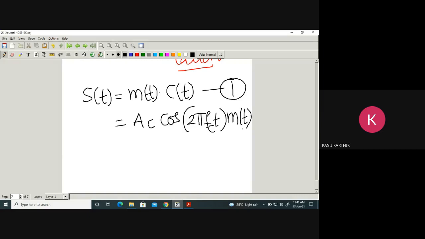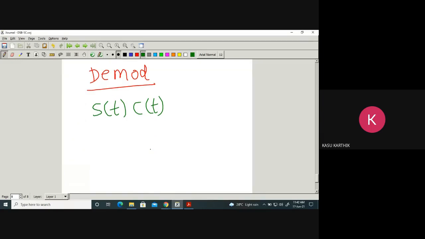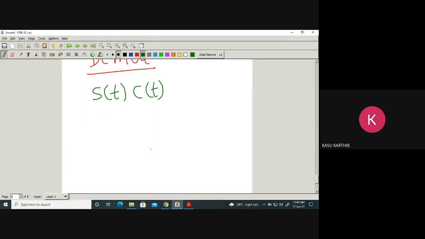Suppose I multiply again with cos omega ct, what will happen? If I again multiply S of t with C of t, what will happen? Can you think of it?